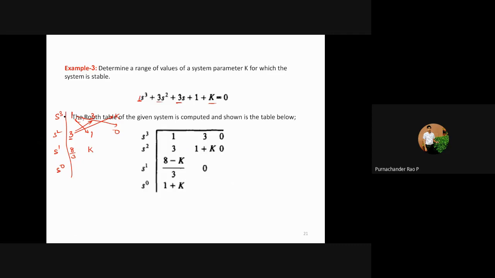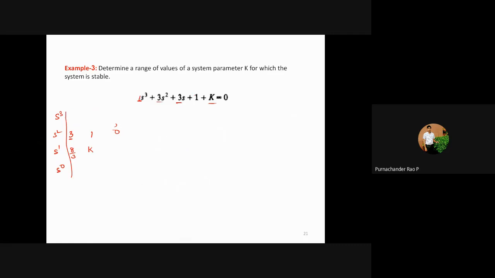Oh, sorry. So this value should not be taken like this. Okay, so here this is a constant value actually. 1 plus k is a constant value. So 1, 3, and this is going to be 1 plus k.